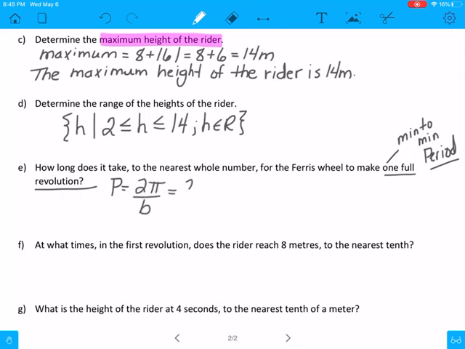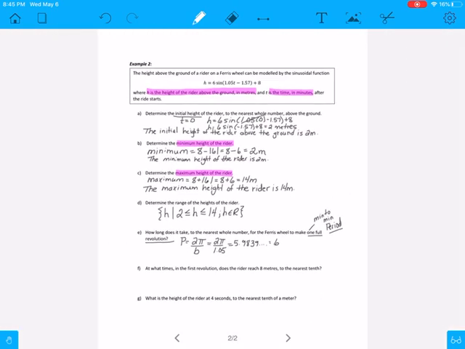So in this case, it's 2 pi divided by 1.05. And 2 pi divided by 1.05 in your calculator is 5.9839, etc. And they want it to the nearest whole number, so it's 6, and time is in minutes.